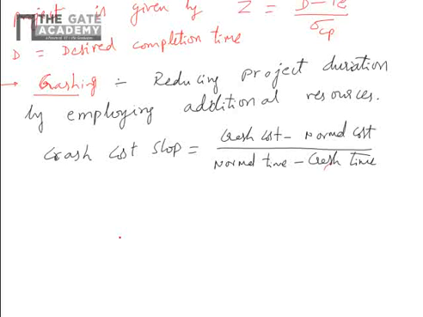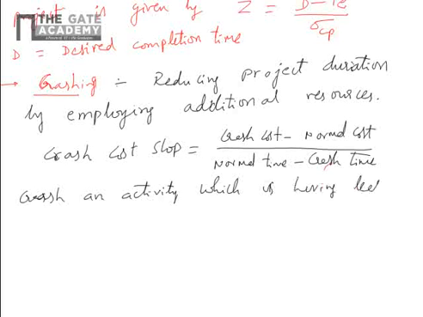We have to crash an activity which is having less crash cost slope. Always crash an activity which is having the least crash cost slope and which is in the critical path.